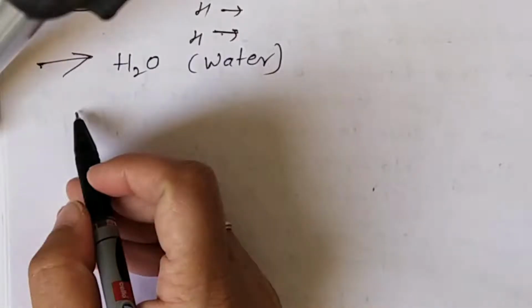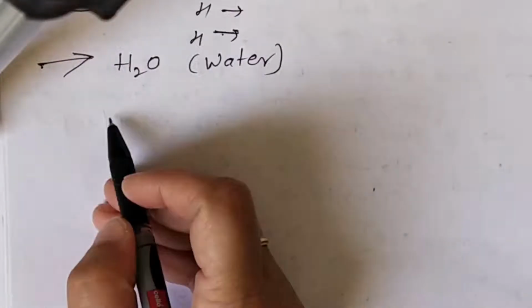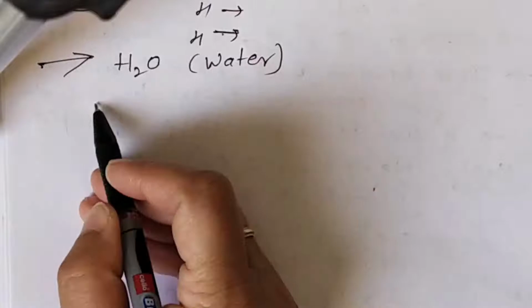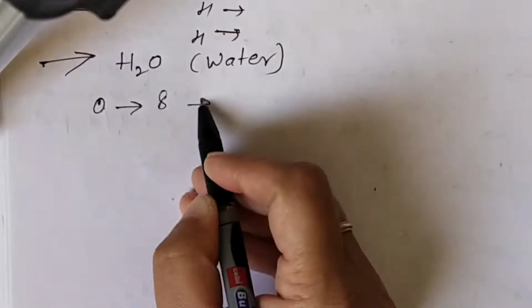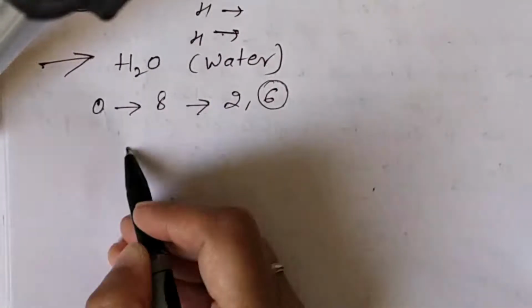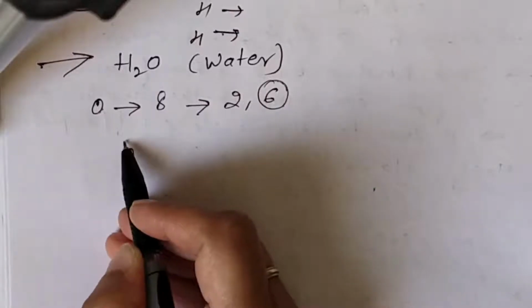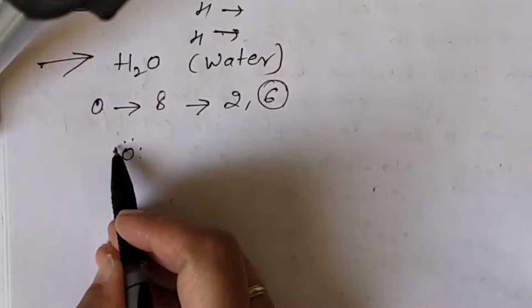So in this water molecule, there is the oxygen atom which has atomic number 8, electronic configuration 2, 6. The 6 are the valence electrons shown on a Lewis dot symbol. A Lewis symbol is a symbol of the element carrying valence electrons.